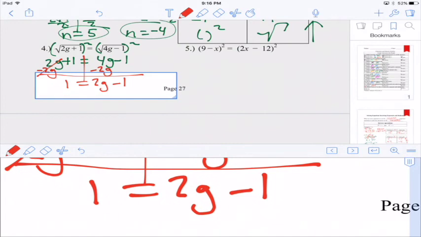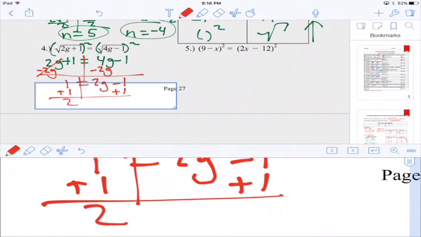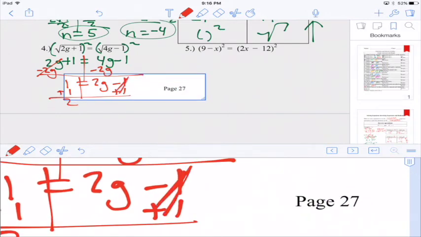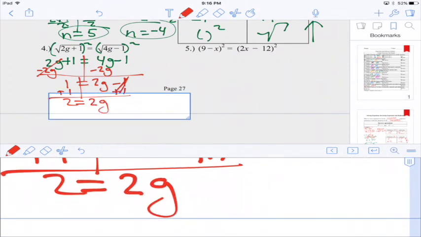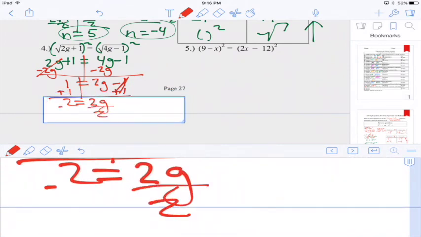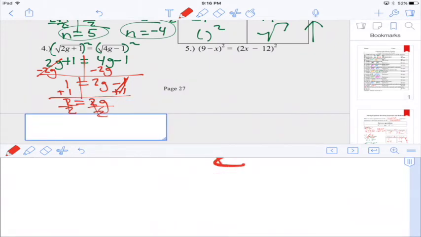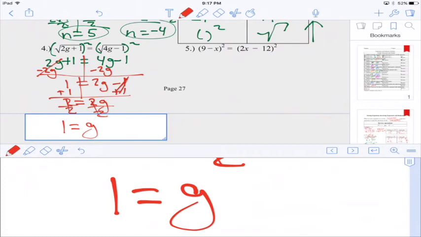Now to solve this, we should be good at solving this by now, right? We add 1 to both sides. 1 plus 1 is 2. Negative 1 plus 1 cancels, so I'm left with 2g. And to undo this, I divide both sides by 2. Well, 2 divided by 2 is 1, so g equals 1.